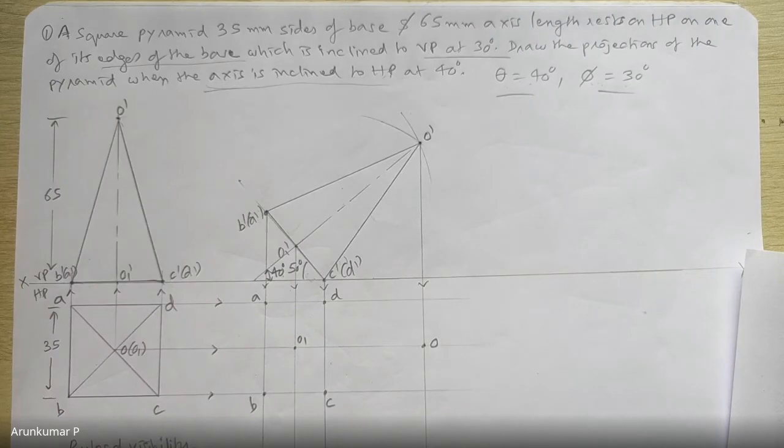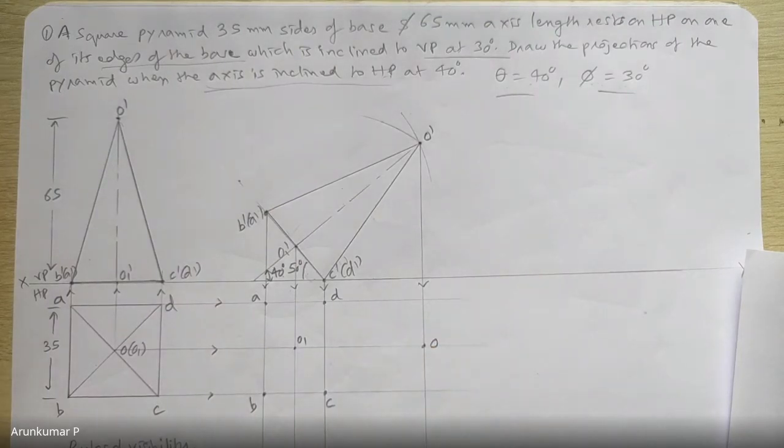Okay. So now you have the 6 intersection points.